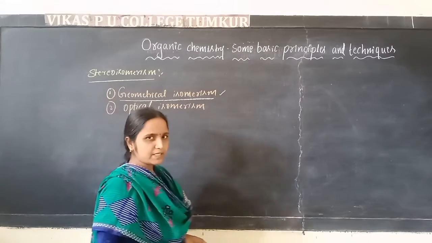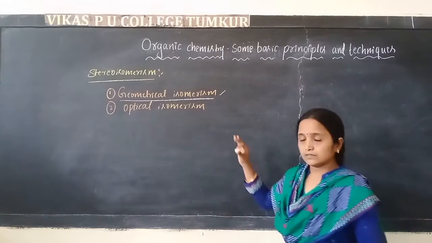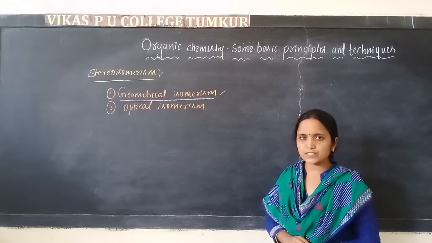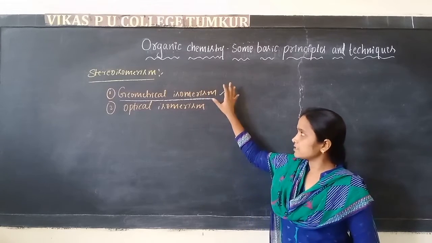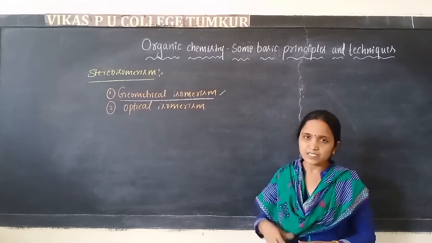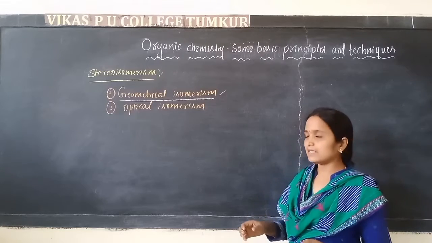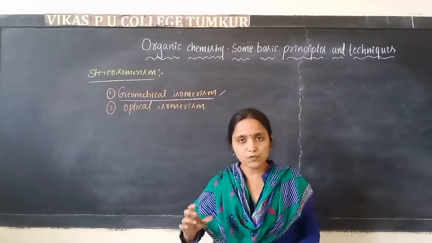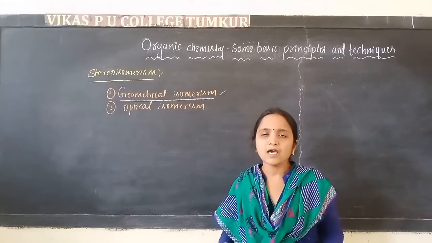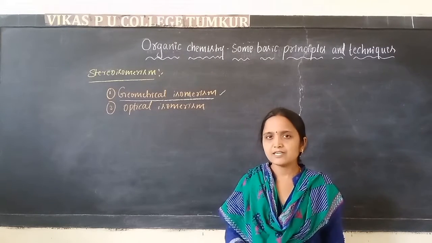Geometrical isomerism is a type of stereoisomerism. Here, two or more compounds have the same molecular formula and even the same structure, but the arrangement of groups or atoms around a carbon-carbon double bond is different.